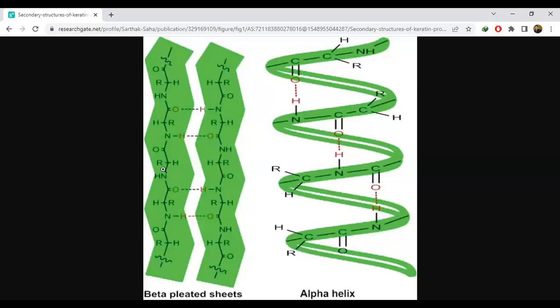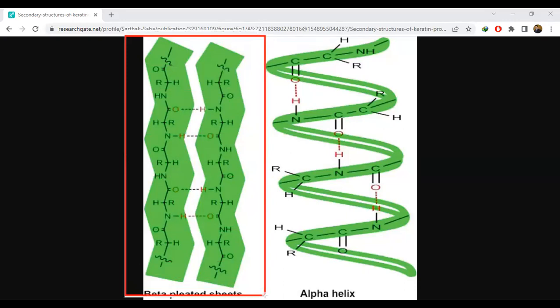Now you can understand. Can you see there are two chains shown on the left hand side? Does that mean beta pleated sheet has two separate chains? No, it's a single chain arranged in that manner.